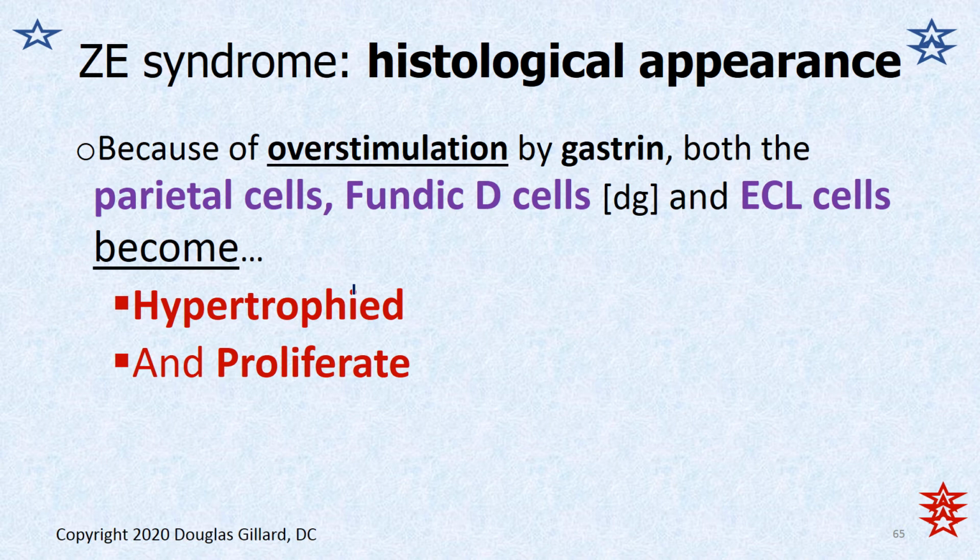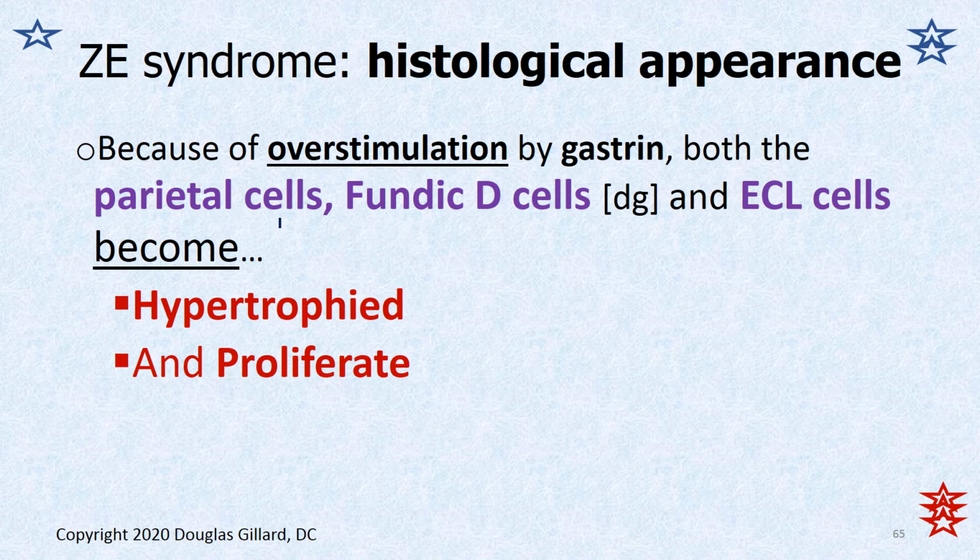So histologically, if you take a sample of the antrum of the stomach, it'll be normal, because this is not a G cell problem in the stomach, it's a G cell problem in the pancreas or some other tumor somewhere else. But if you take a histological sample of the fundus, you'll see that the parietal cells are huge.